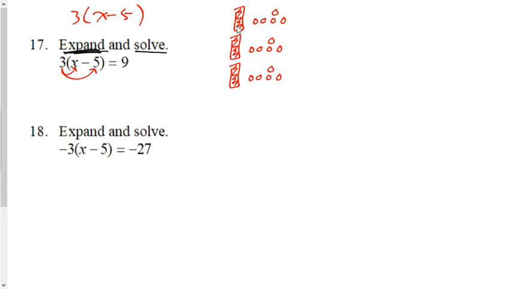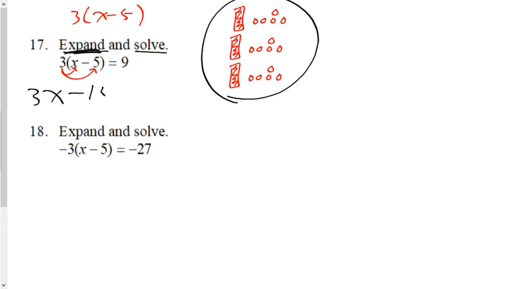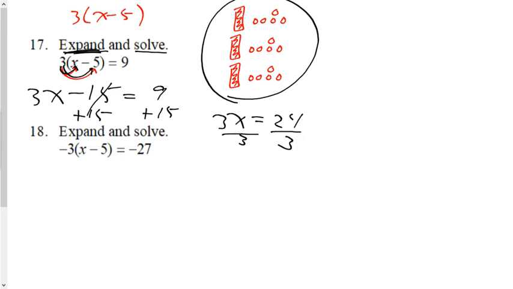And what does that say? If I was to ask you what that picture says, you would say it's 3x minus 15. Would you agree with that? Which you would get if you multiplied 3 by x and 3 by negative 5. So once I expand it using distributive property, that's the equation I create. Add 15 to both sides. You get 3x equals 24. Divide both sides by 3, and x equals 8.